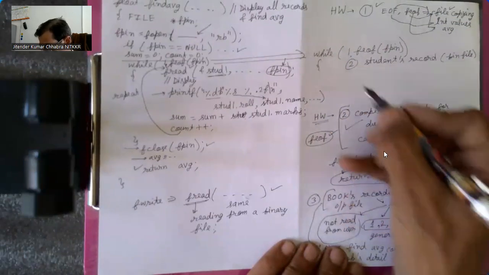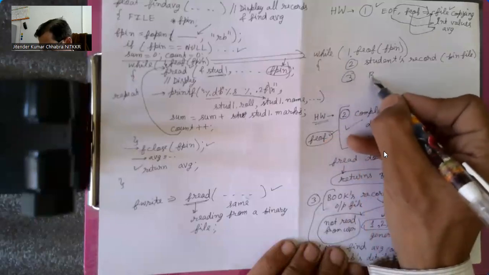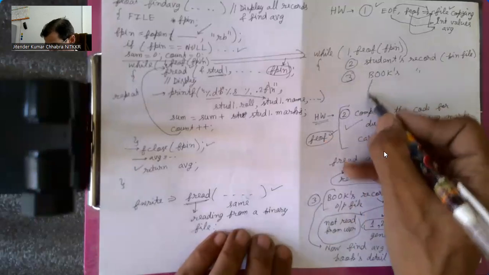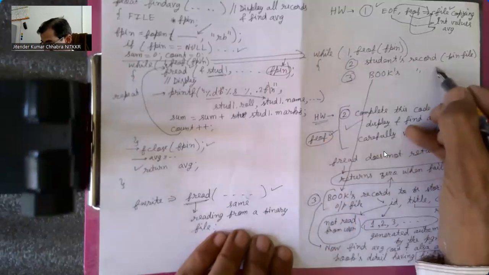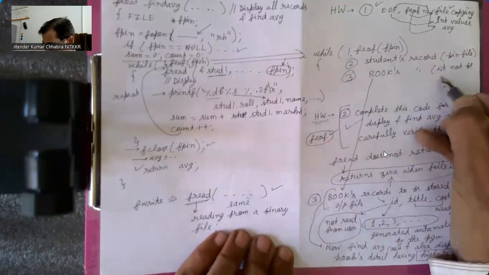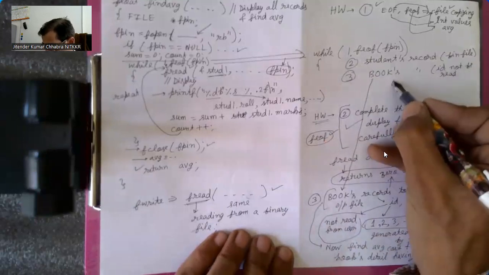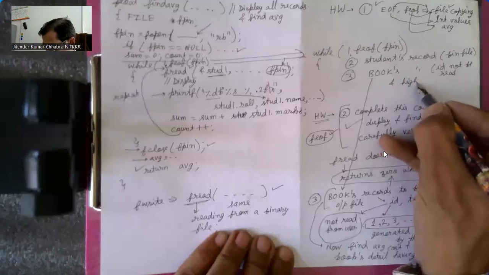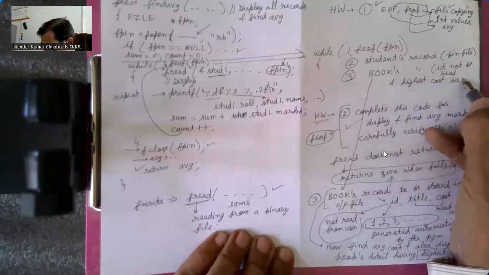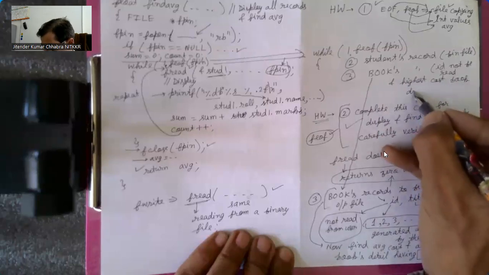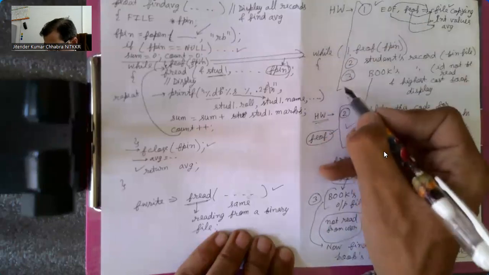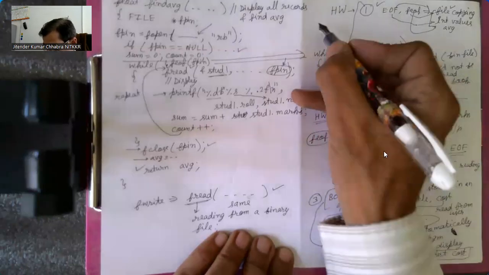And the third is book based code where the book's ID is prefixed, and the highest cost book is also to be displayed. So try these 3 homeworks, carefully observe the output.